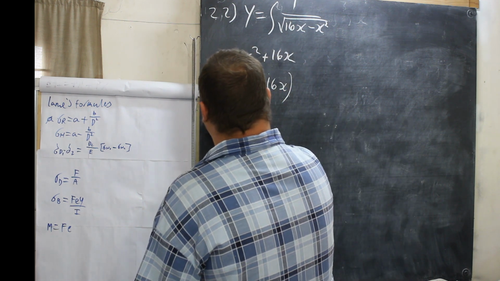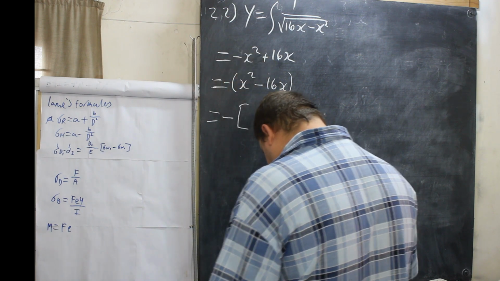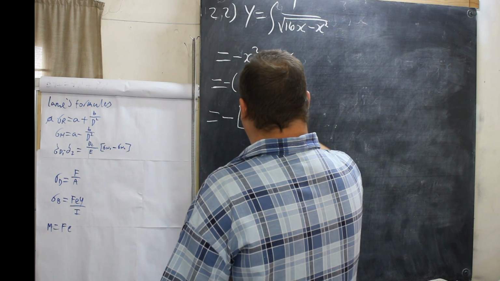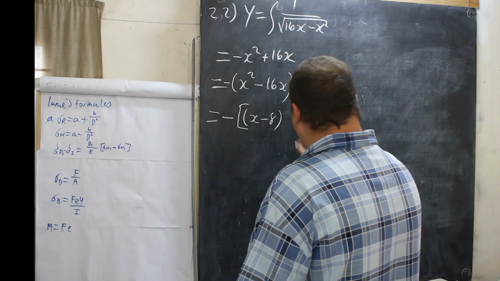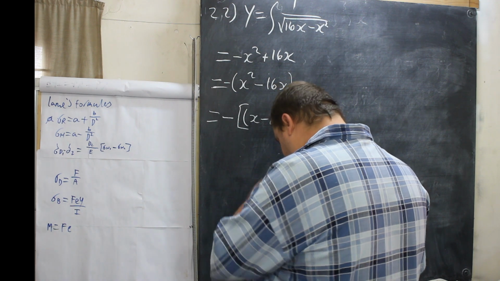Then the next step is minus, the bracket, x minus 8 squared minus 64.